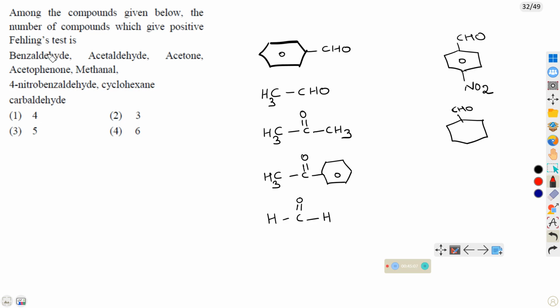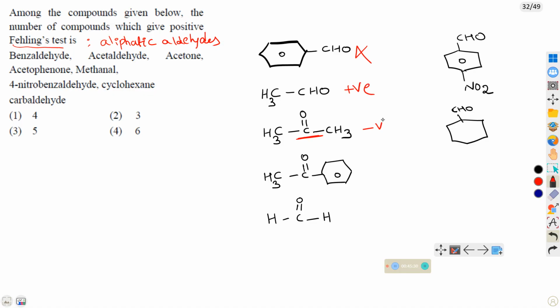How many of the following compounds give positive Fehling test? What we know? Aliphatic aldehydes give positive result. Aliphatic aldehydes only. This is aromatic aldehyde, so negative. This is aliphatic aldehyde, positive. This is ketone.